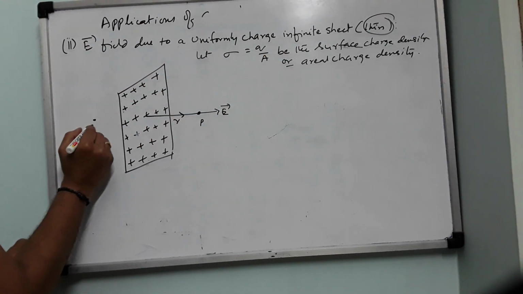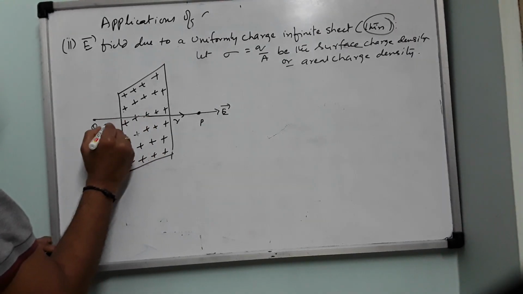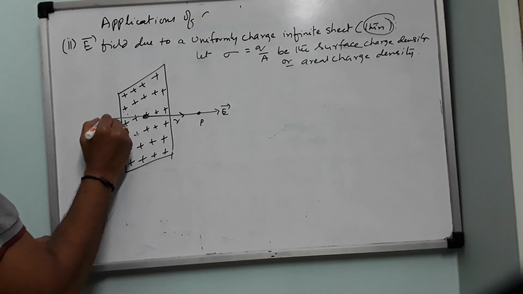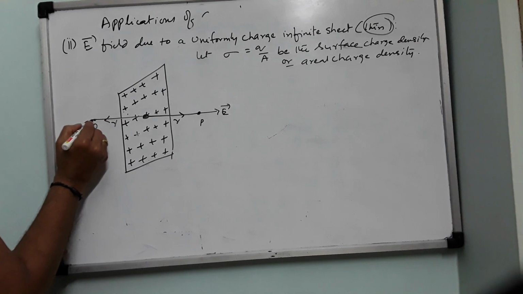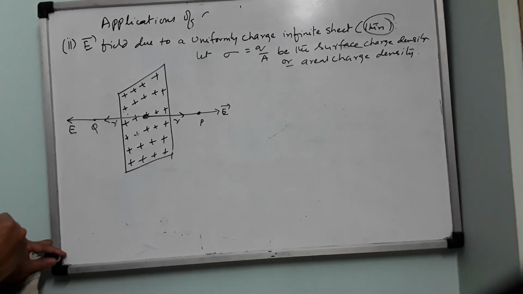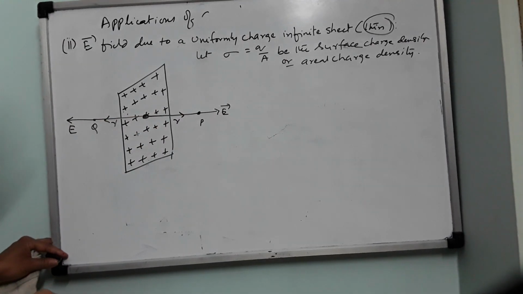So here this is point P, or you name it as point Q, at equal distance R here also from the center. So this being positive charge on the back side also, positive charge produces electric field radially outwards. So this is E, and by symmetry both are equal in magnitude.